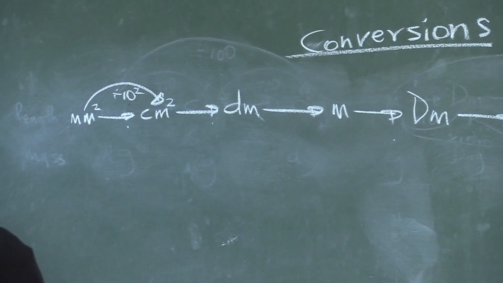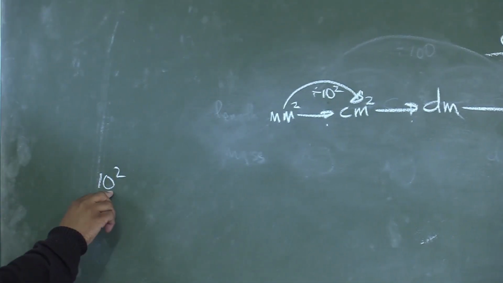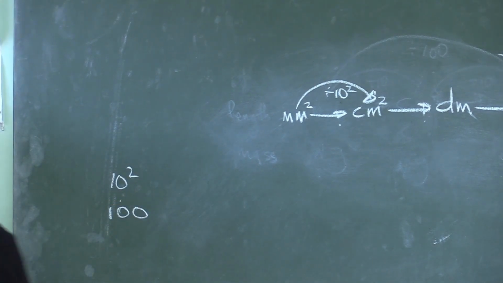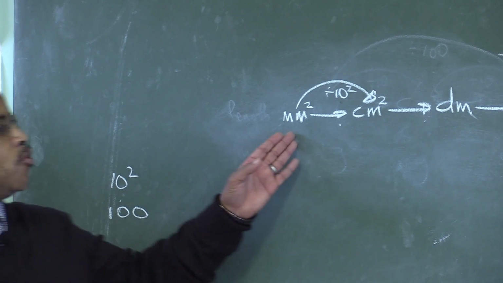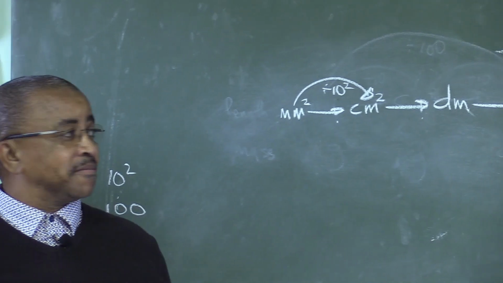Siyasquareisha manje. What is 10 squared? It's simple, 10 squared. 1 squared u1, lo 0 uphinda kabili. So 10 squared is 100. So it's either you divide it by 10 squared or by 100.